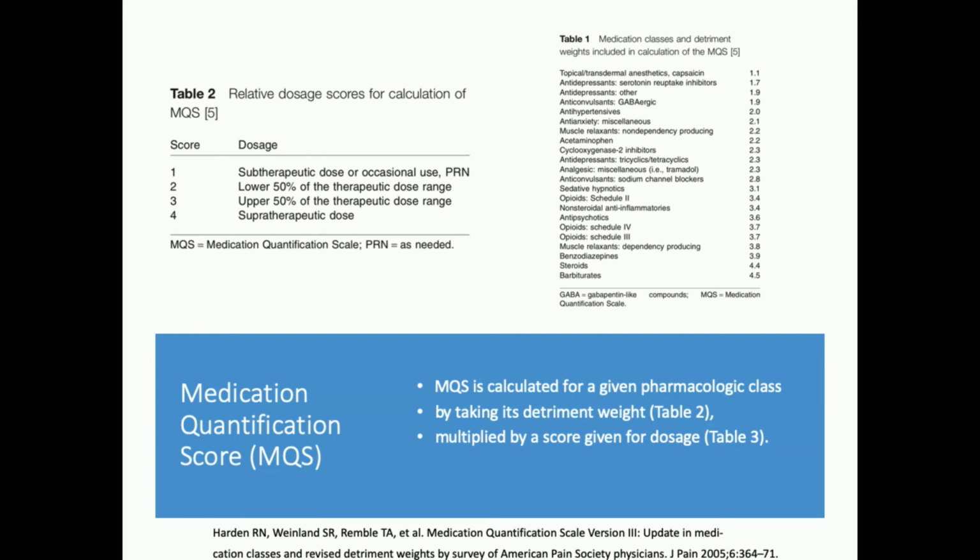So each medication has a specific weight that you need to calculate, primarily for side effects related to this medication. That is one piece of information, and the other one is the dose of that medication, and that allows you to calculate a score for each medication, which you then add up for each patient at each follow-up.